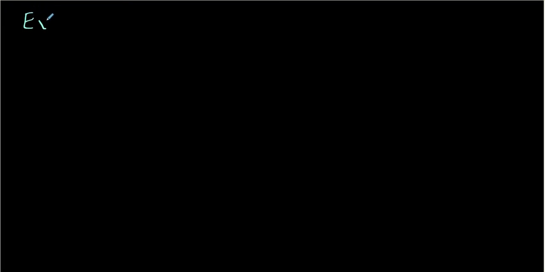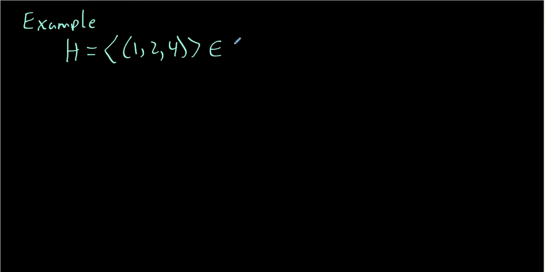Let's take a basic little example. Let H be the subgroup generated by the permutation 1 goes to 3 goes to 4, living inside of S4.